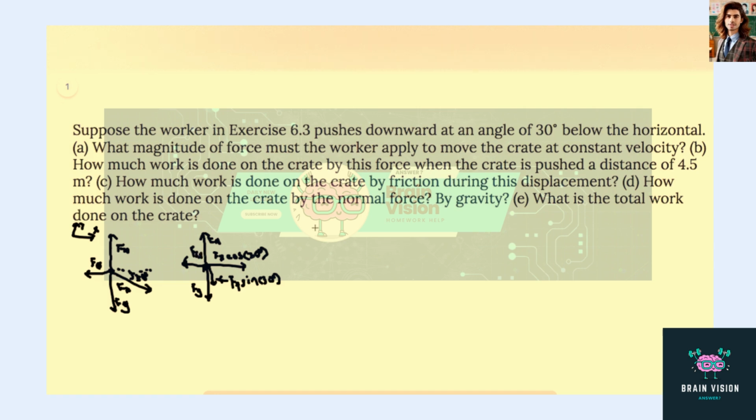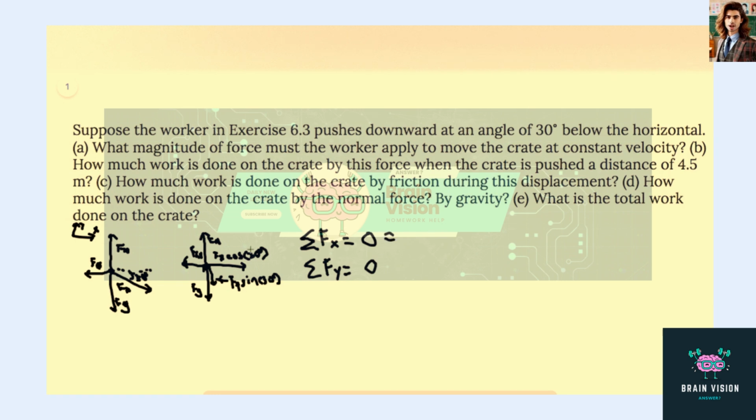So as we did in the previous problem, we're going to set up two equations applying Newton's second law. And in both of these cases, the sum of the forces is going to be 0 because the acceleration in both directions is 0, given that the crate is moving at a constant velocity.